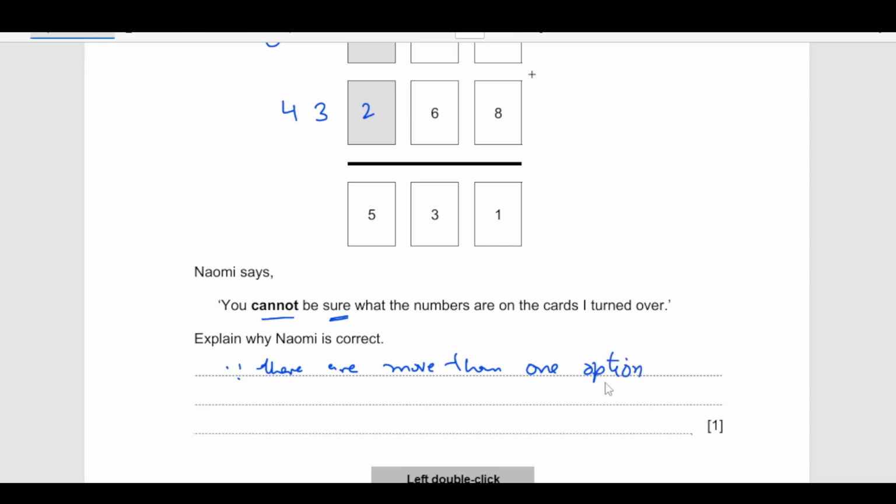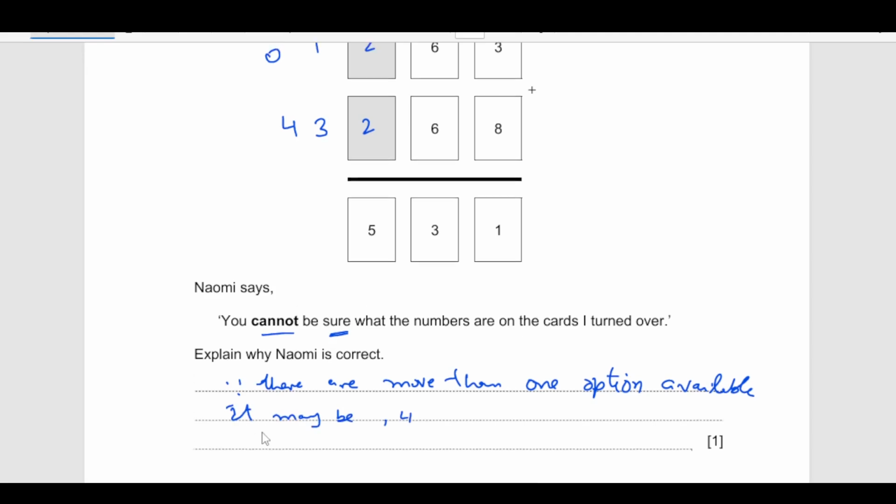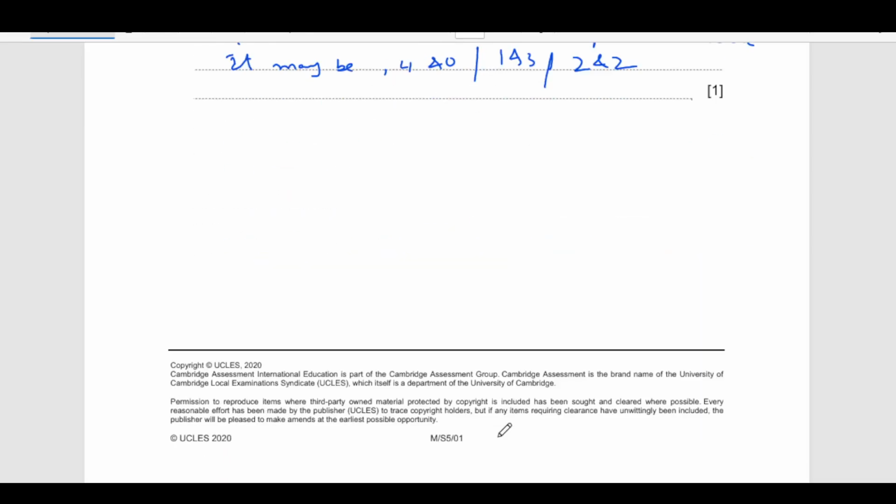When you pick up the card, you don't know, it may be 4 and 0, or it may be 1 and 3, or it may be 2 and 2. So that's why we can't say surely, yes, this is the one that we are looking for.